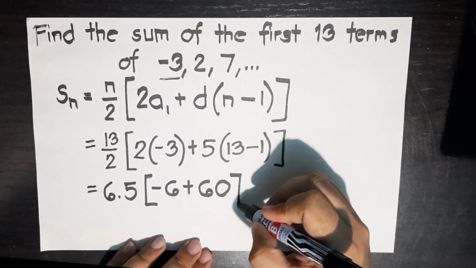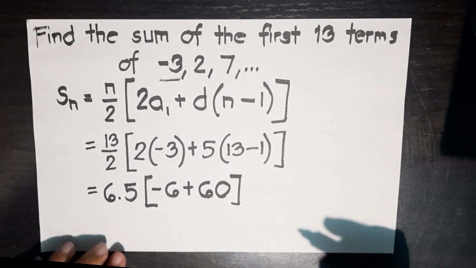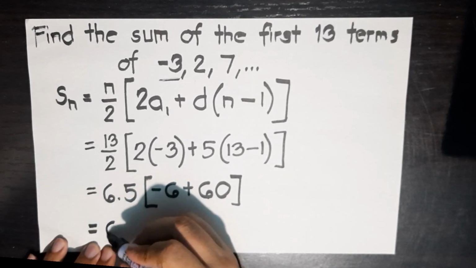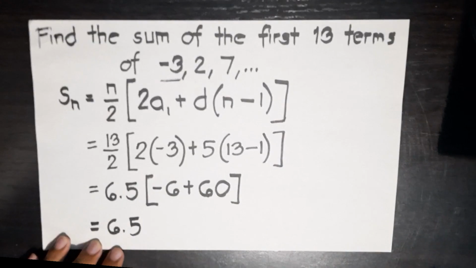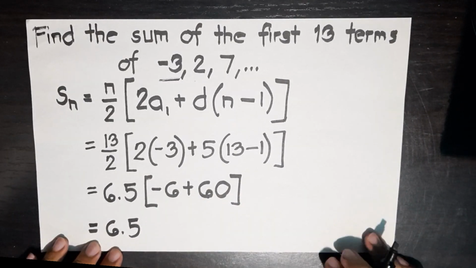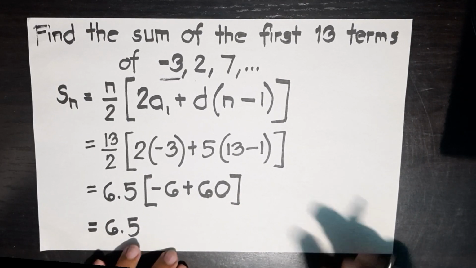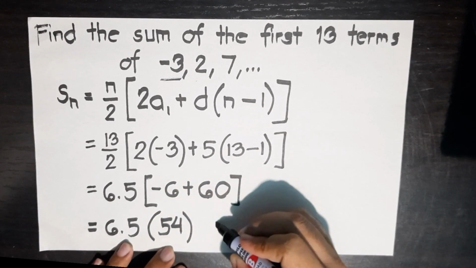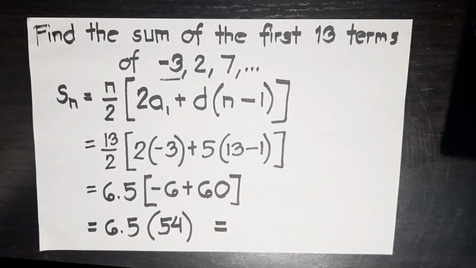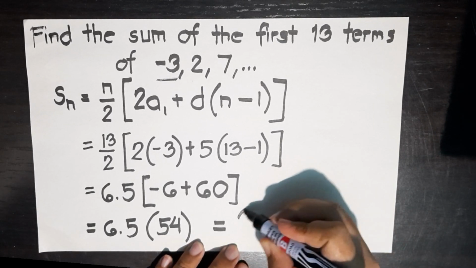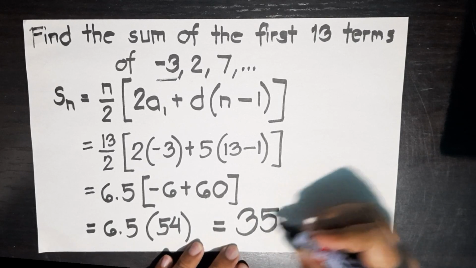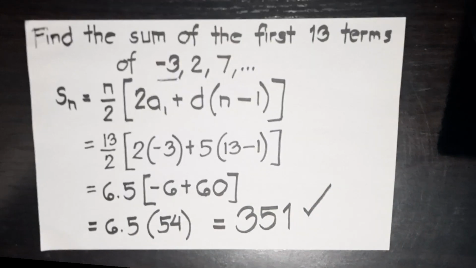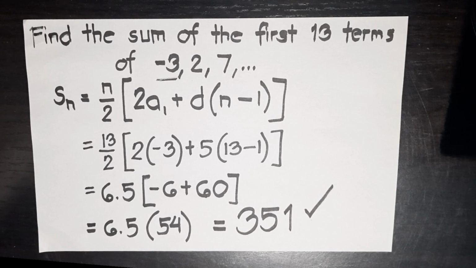Please make sure not to be confused with the signs. So we have 6.5 times negative 6 plus 60, which gives us positive 54. To get our final answer, we multiply 54 times 6.5, and what we have is 351. That is the sum of the first 13 terms of the arithmetic sequence.